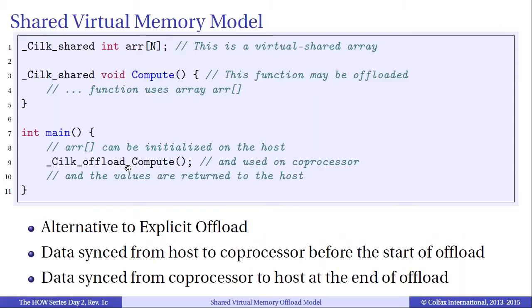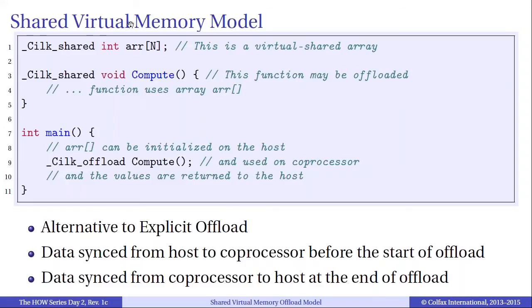Cilk offload, followed by the function name, initiates the offload. The difference here is that the shared virtual memory model allows you to share complex objects. Your own classes or any kind of containers, you can seamlessly share them with the Xeon Phi.